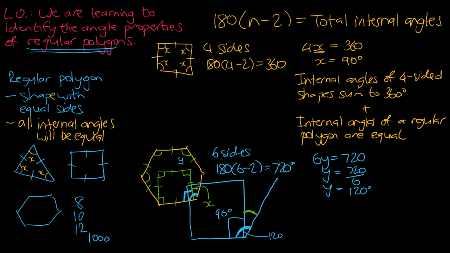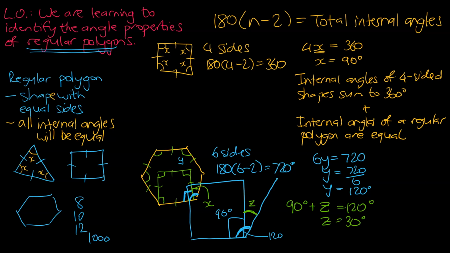So 90 degrees plus that missing portion. So we're going to notate that missing portion Z now. So we know that 90 degrees plus Z must combine to get to 120 degrees. So that means Z, or the angle between the square and the side of the hexagon, must be 30 degrees.